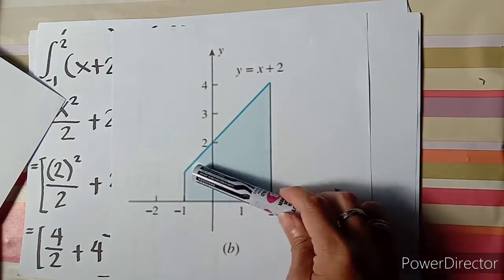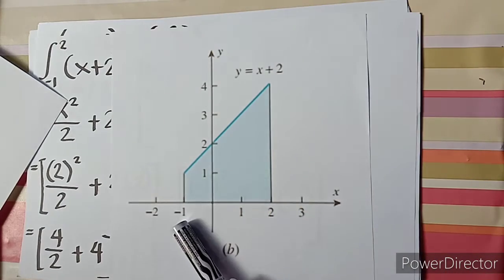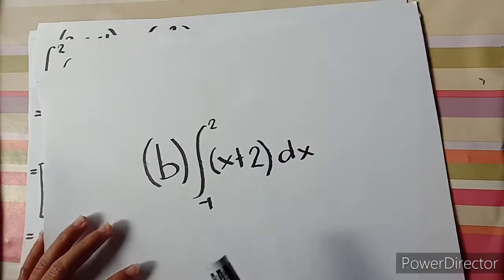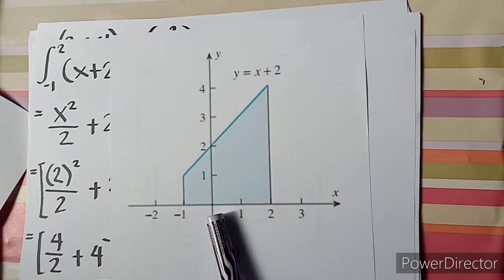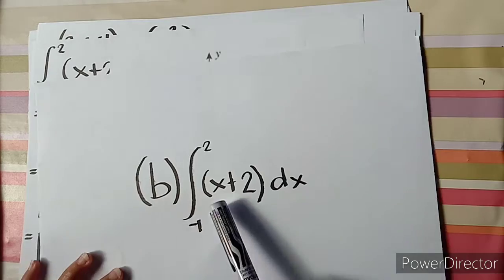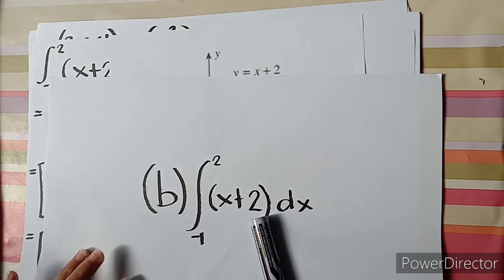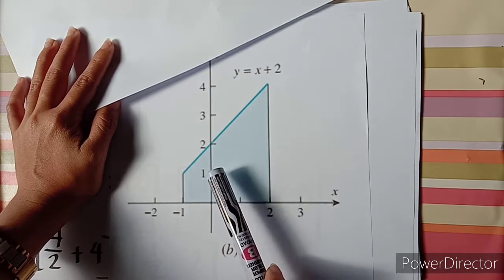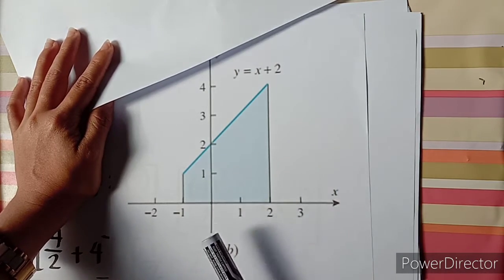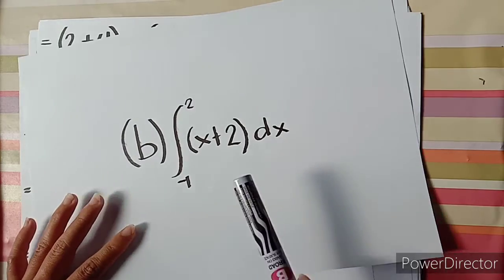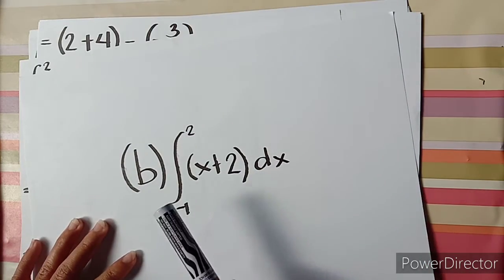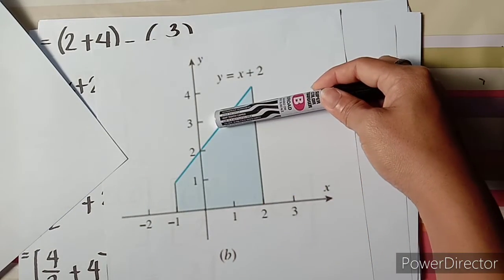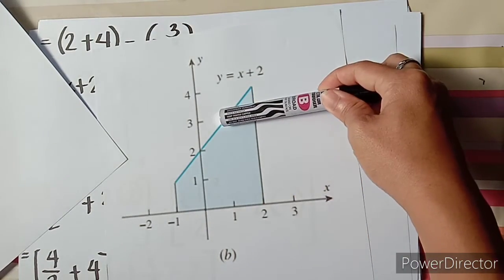What if x is equal to 0? Then 0 plus 2 is equal to 2, so our y is 2. How about 1? 1 plus 2 is equal to 3. So our y is 3.